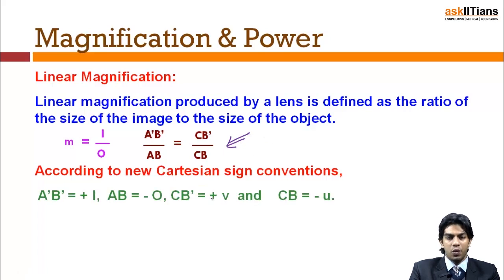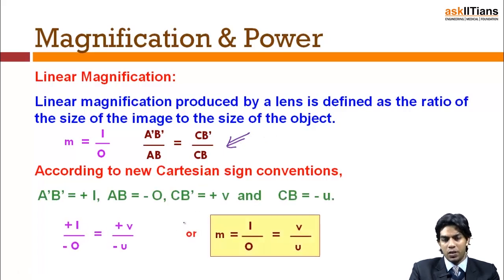Respecting the sign convention, m is equal to I by O, which is completely standard, equals V by U. V is the image distance and U is the object distance. This is a very important property and it is used extensively, so please keep it in mind whenever you study refraction.